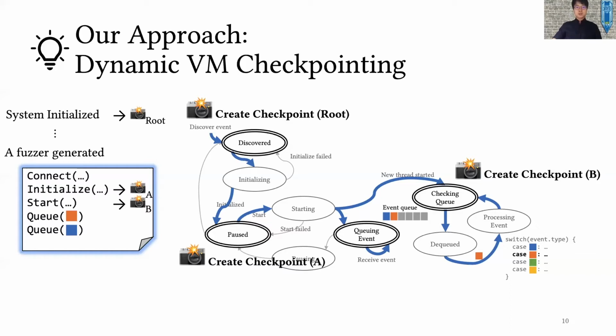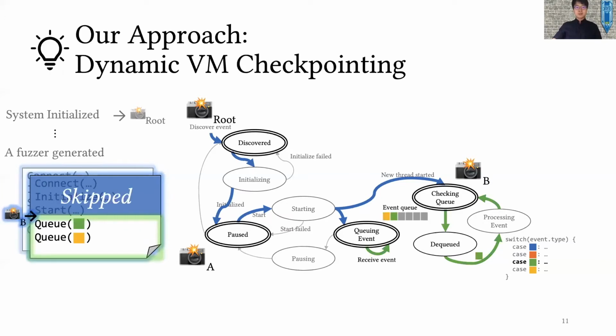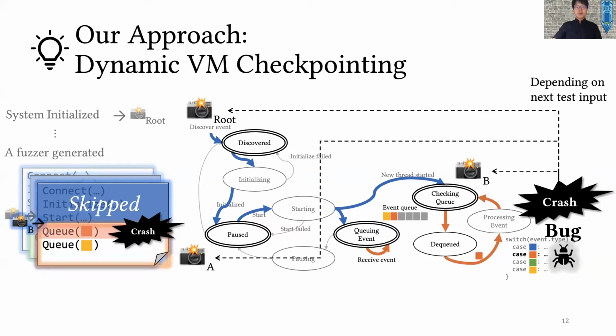So what this allows us to do is, let's say the fuzzer now generates a test case that shares the same prefix as the previous one. We can skip executing the same prefix by restoring the system from the checkpoint B. Moreover, because this is a snapshot-based approach, when we encounter a bug or a system crash, we can restore the system from any of the available checkpoints created during a fuzzing run, not just from the root checkpoint, but also from other checkpoints, depending on the prefix of the next input.